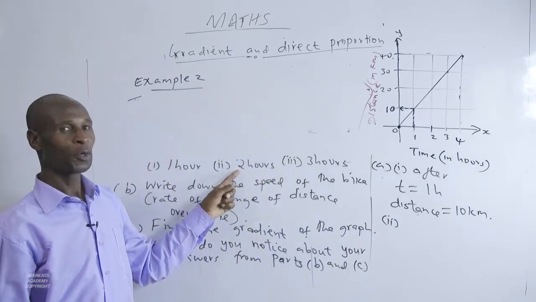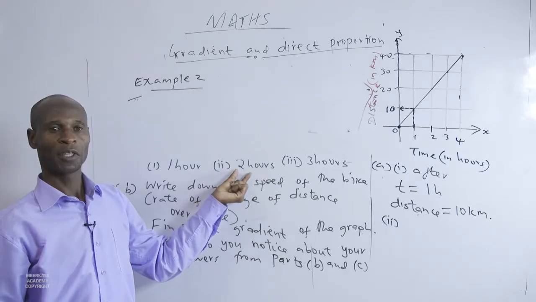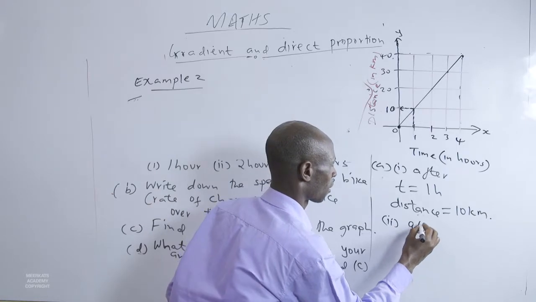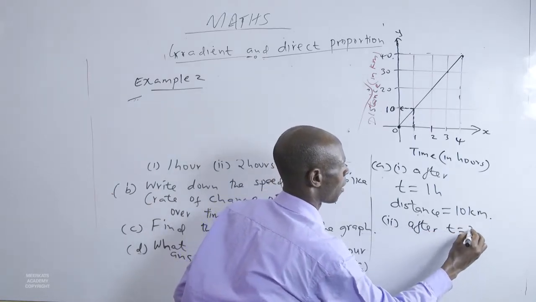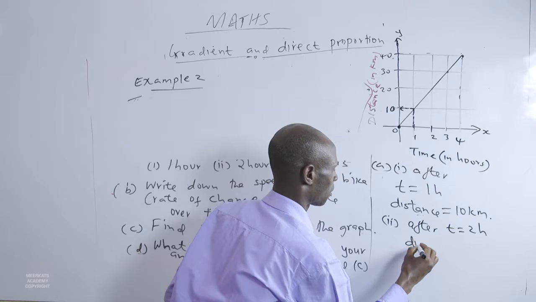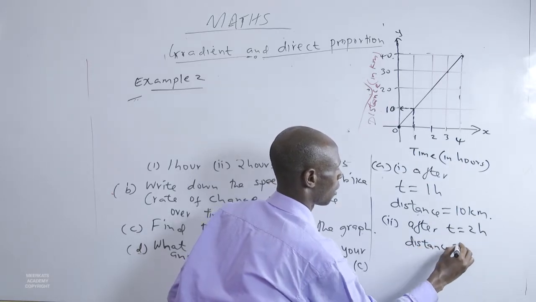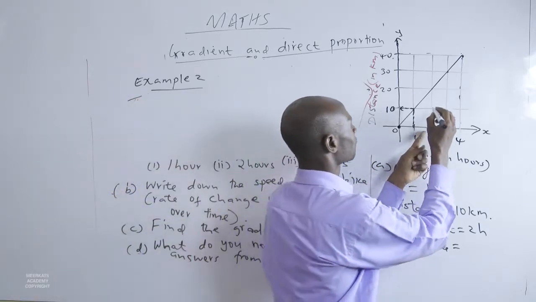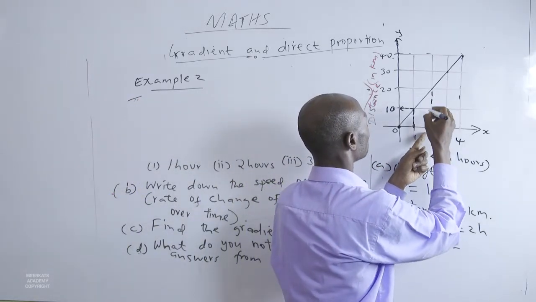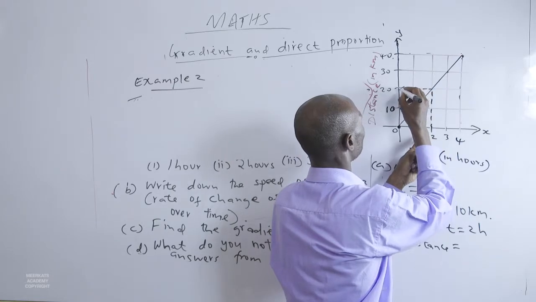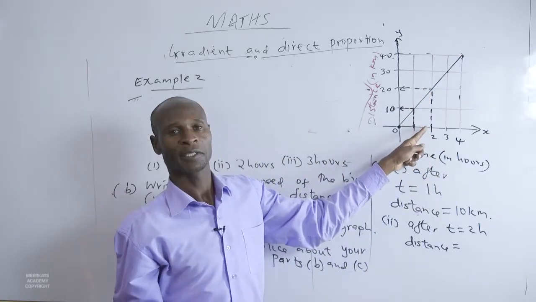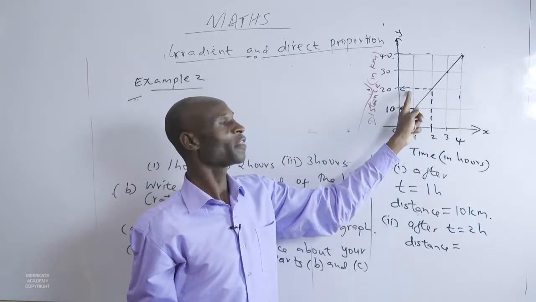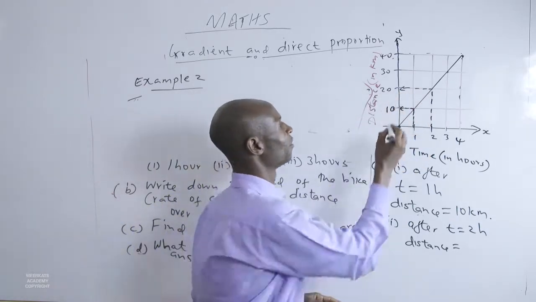In part 2, we need to find out the distance traveled after 2 hours. So after 2 hours, the distance traveled is 20 as indicated on the graph with an arrow.